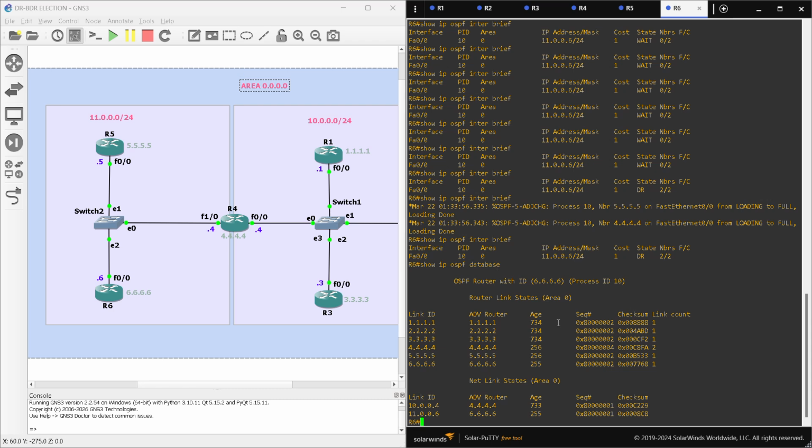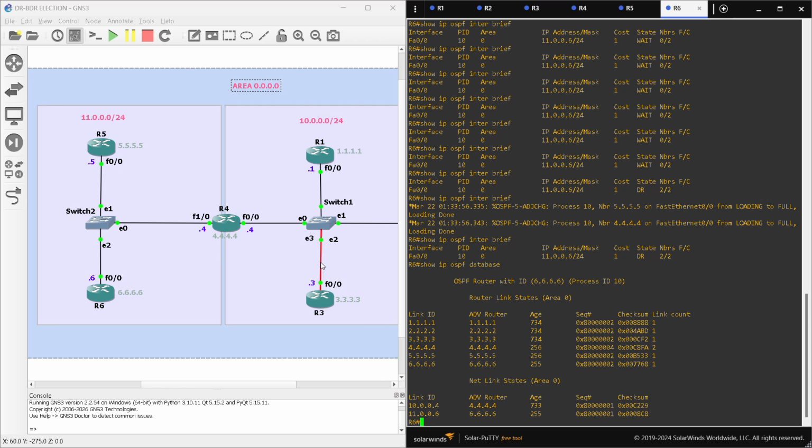As I told you initially, we will have 6 type 1 LSAs, router LSAs, and 2 network LSAs or type 2 LSAs, right? Generated by different networks. So this is the concept of how the DR has been selected differently for every segment, for every network, right?